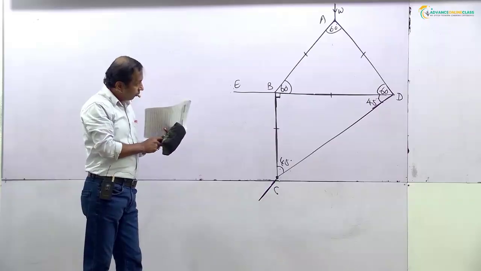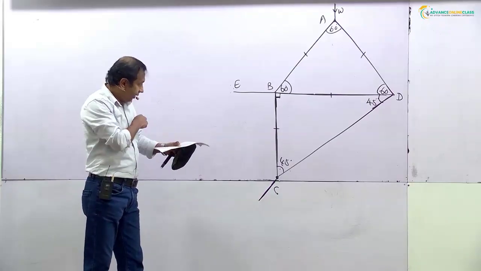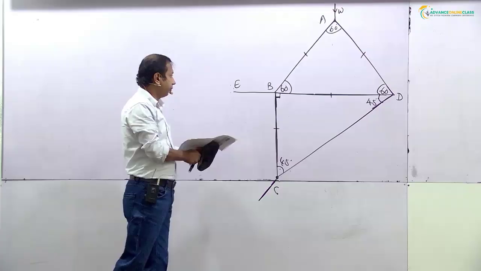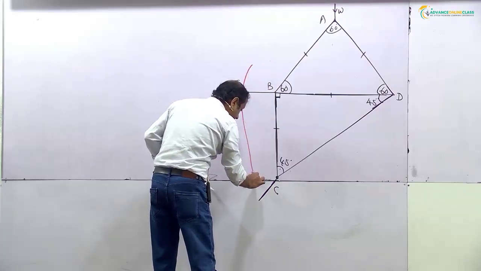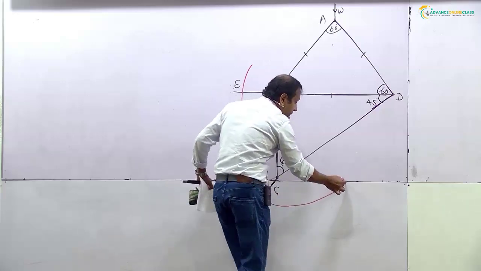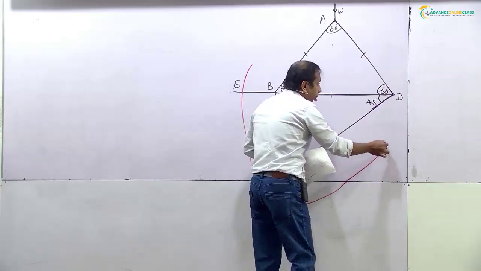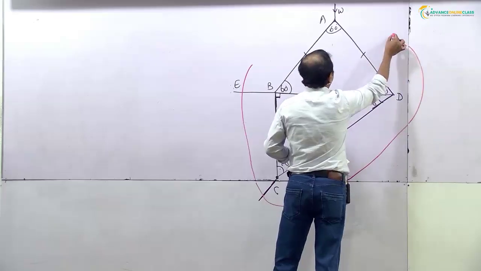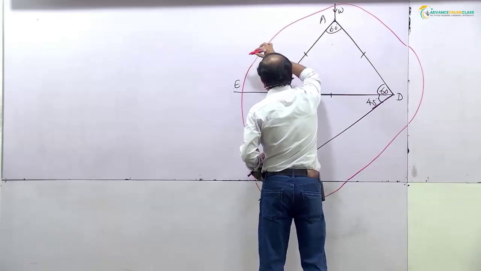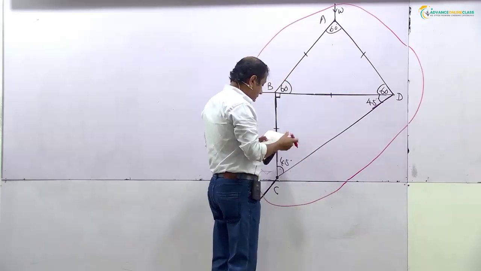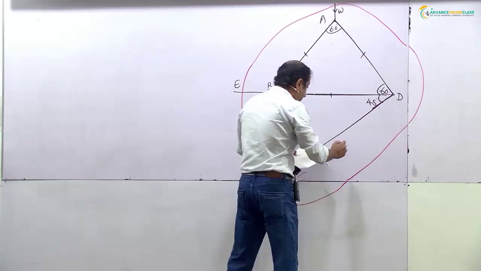Now we can close this by a closed curve like this. The regions are taken like this.